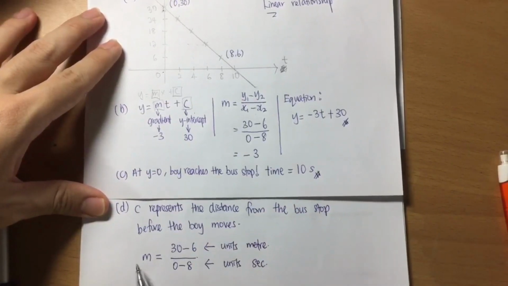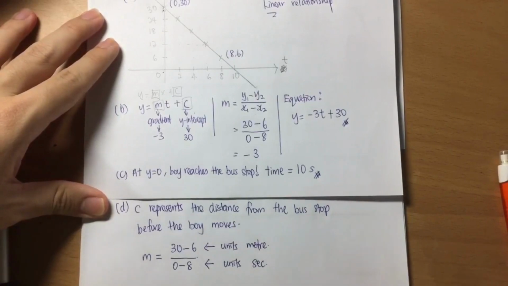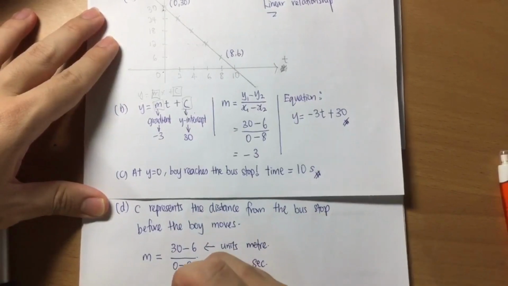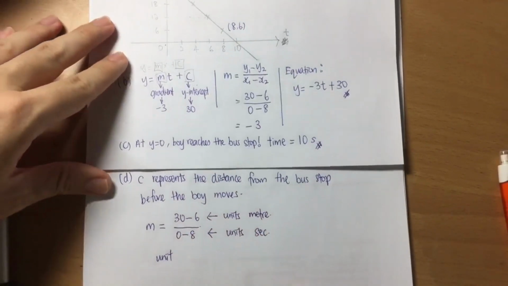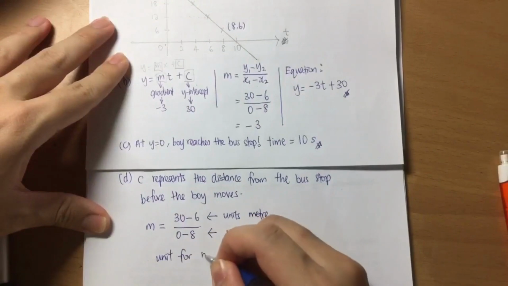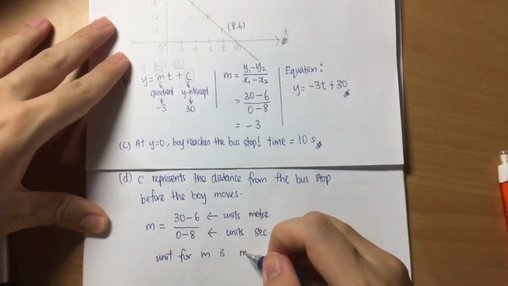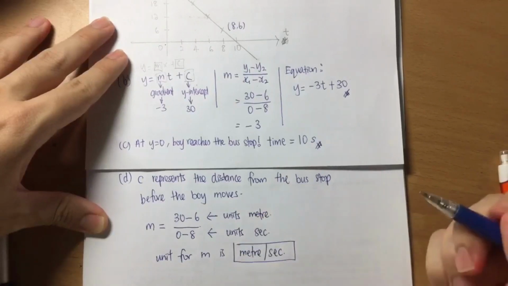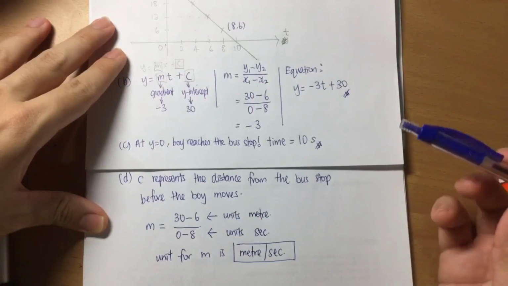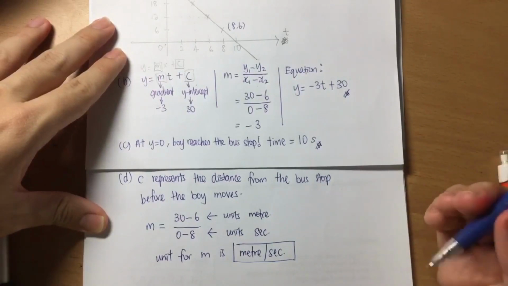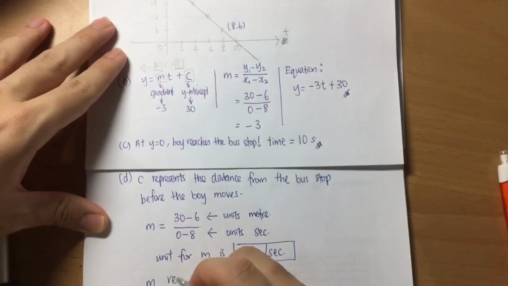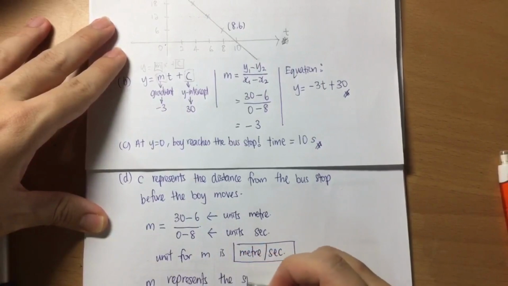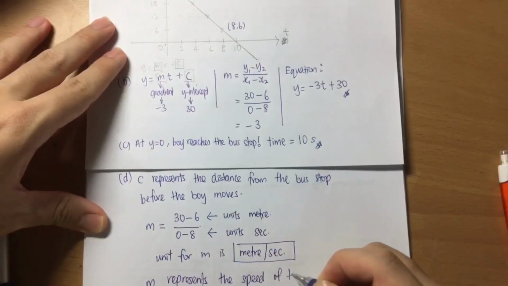So what's the unit for M? Yep. The unit for M is actually meter per second. What quantity has the same unit? Yes, therefore M represents the speed of the boy.